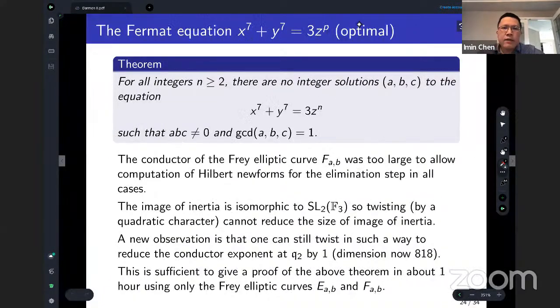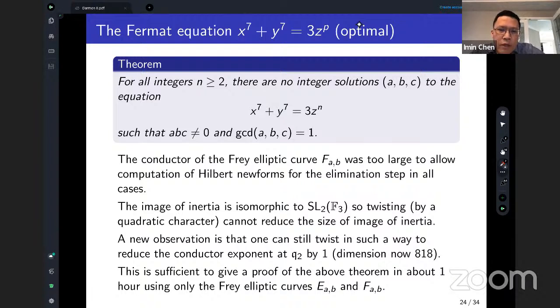And so finally, let's go back to the first of my questions, which was, can we prove an optimal result for this equation? In this case, an optimal result looks like a result for all prime exponents, but once you prove it for all prime exponents, it's proven for all integers greater or equal to 2.